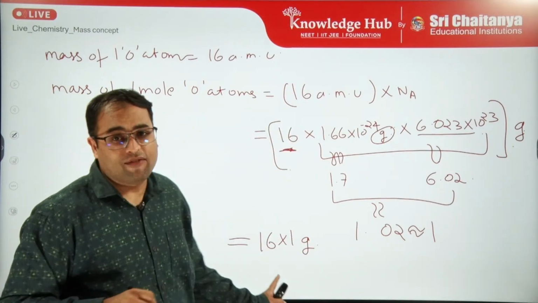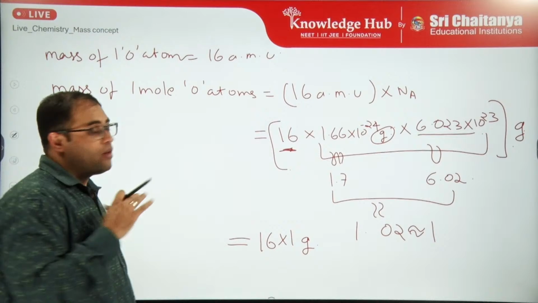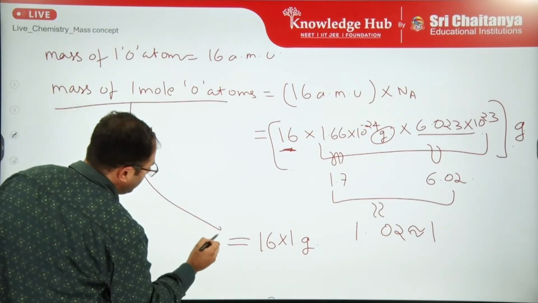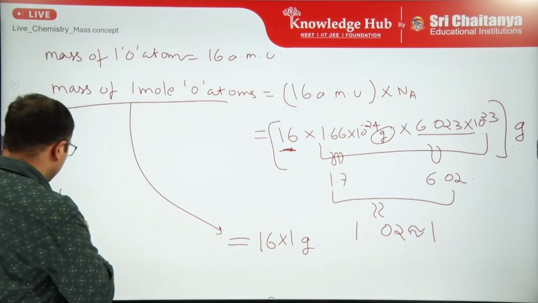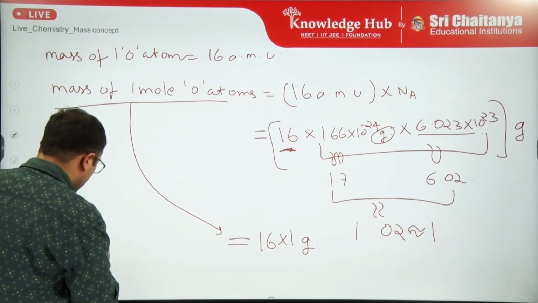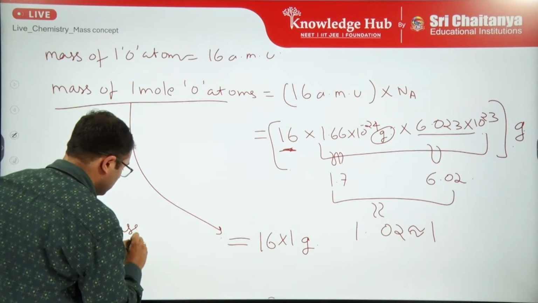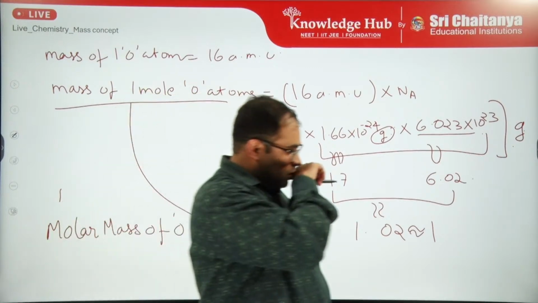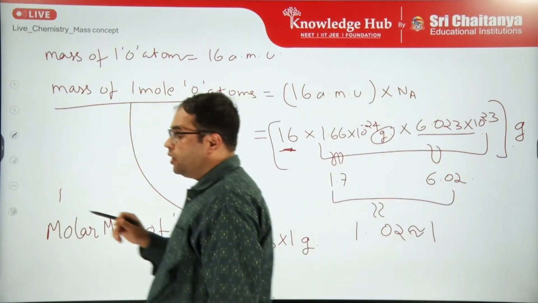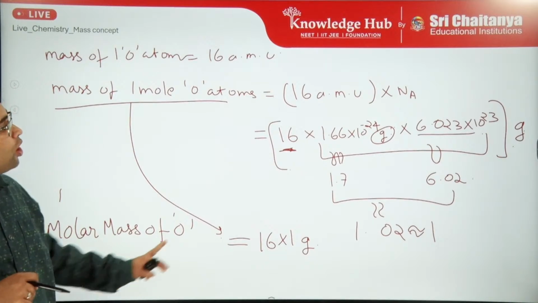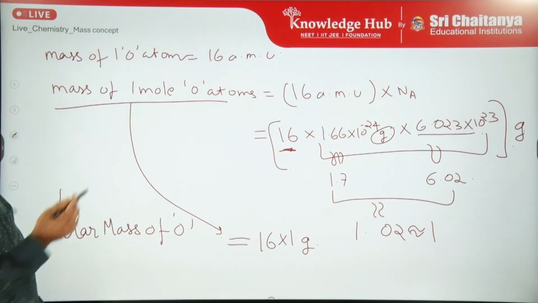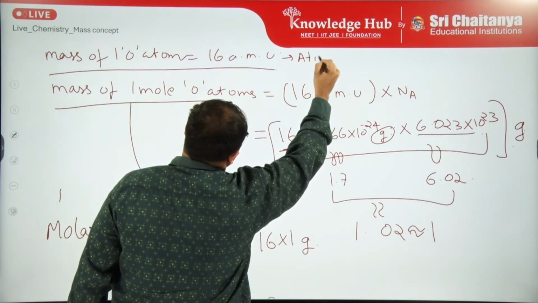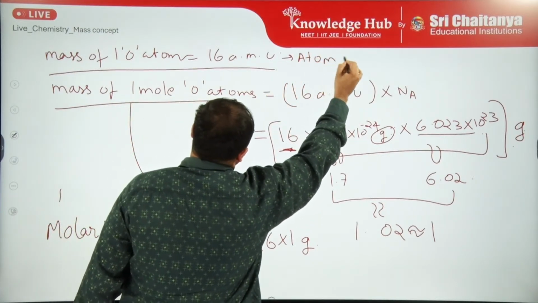Now this is a very revolutionary concept which we have understood. This is your mass of 1 mole of O atoms, or I can say it is the molar mass of O. So this is the molar mass of O. This was the atomic mass.